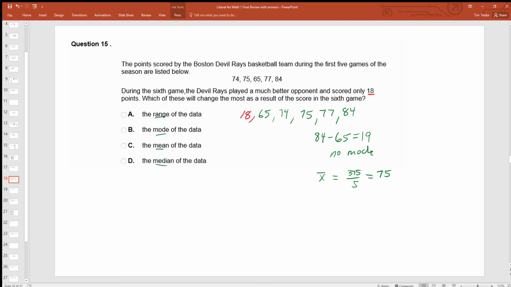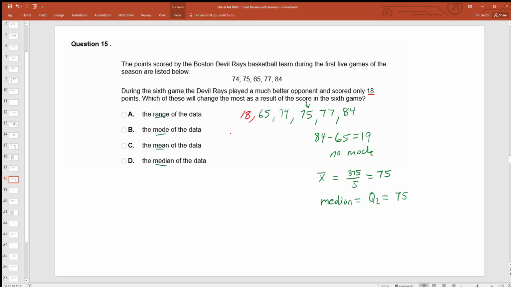Okay, and then the last thing we need to look at is the median. The median is going to be the middle number. Now we're only looking at the green ones. The middle number is going to be 75. So the median, or second quartile number, is 75. Now I'll change it to look at the data, these 6 data points with 18 included.